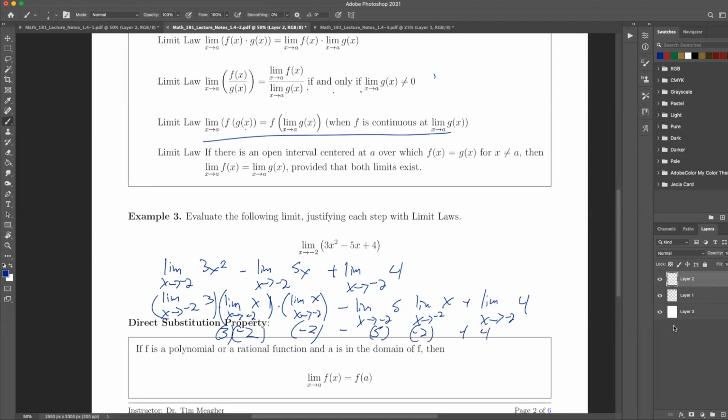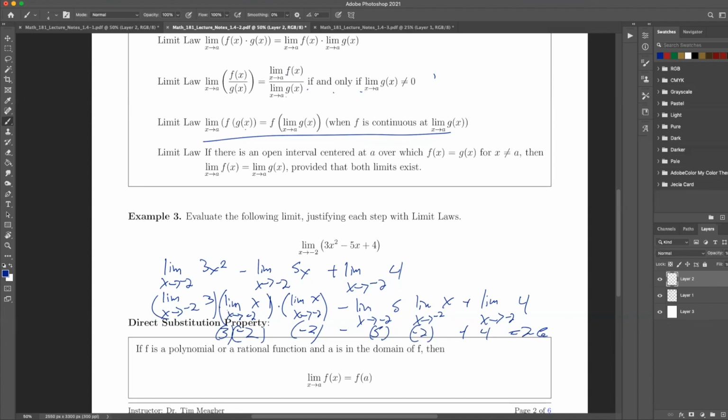So what is this all together? I don't actually have the answer in front of me. Let me calculate it real quick. This is positive 4, so 12 minus, so 12 plus 10. I think so, yeah, 12 plus 10 plus 4 should give me 26. Let me double check this in a calculator.